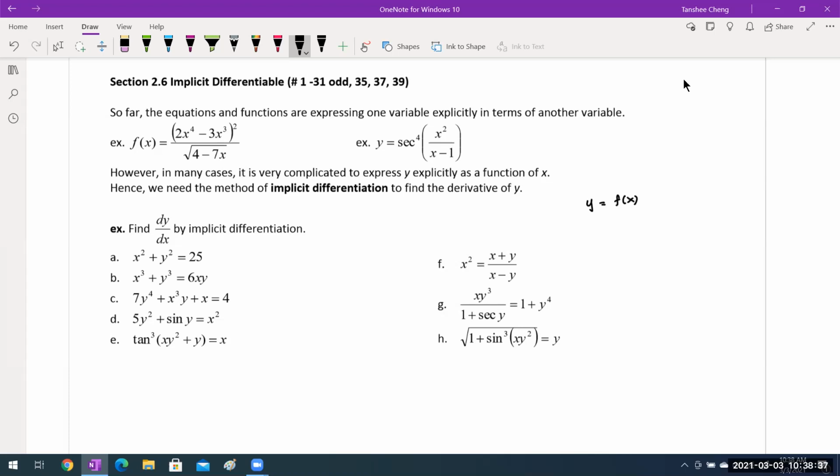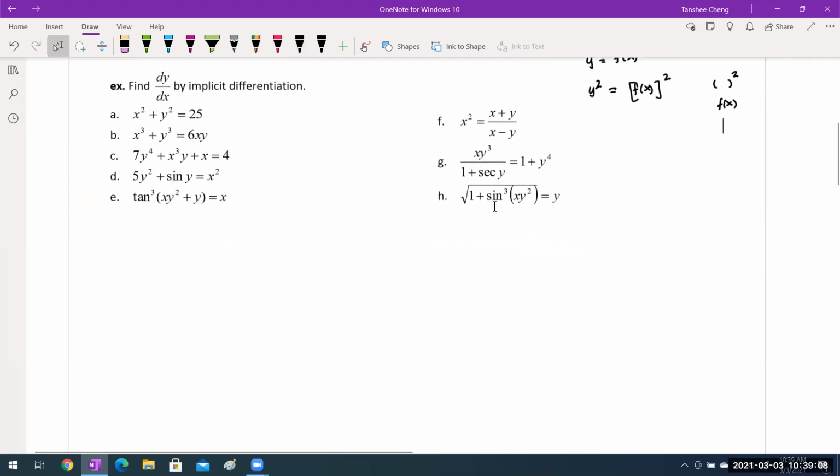For example, if it is y squared in the equation, then this becomes a composition function, because we are looking at f of x and then the quantity squared. The outer function is a square function and the inner function is f of x. So you need to clearly see that y squared is a composition function, so that you will take the derivative by using the chain rule.